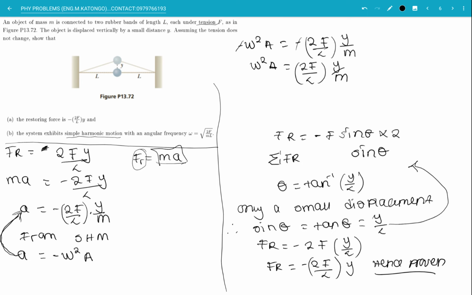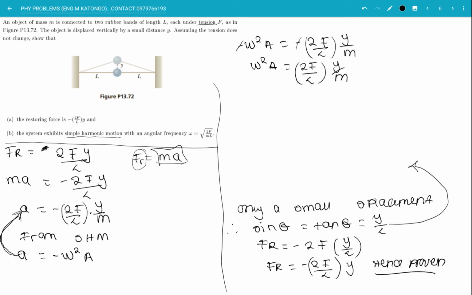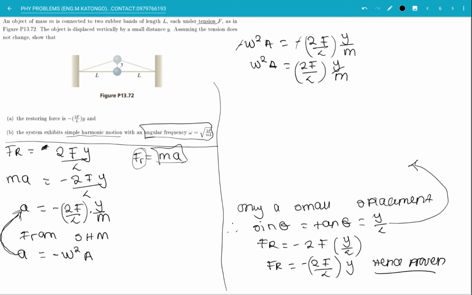Now, we have to obtain the angular frequency from the simple harmonic motion equation. We know that the y displacement is the maximum displacement of the ball, or rather of the small mass.